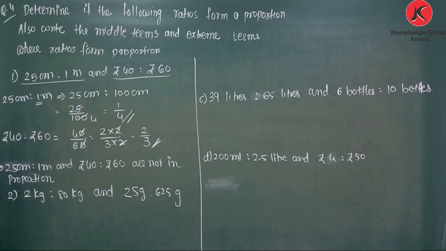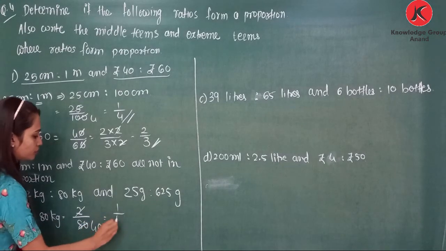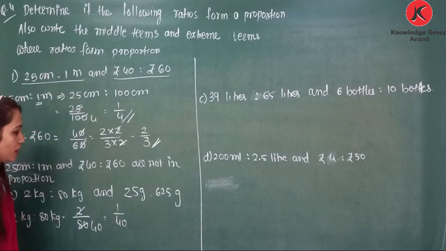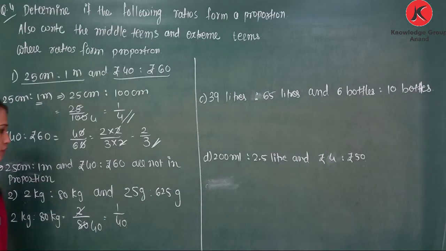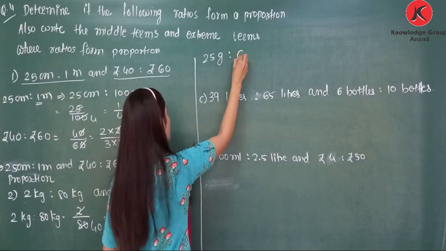Next one, 2 kg is to 80 kg and 25 gram to 625 gram. So let's find first the ratio of 2 kg is to 80 kg. So 2 will be in the numerator, 80 will be in the denominator. So that is 1 by 40. Now 25 gram is to 625 grams.